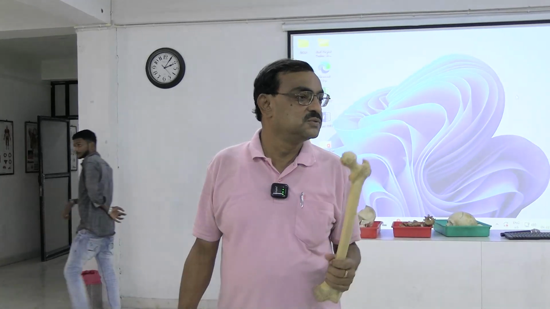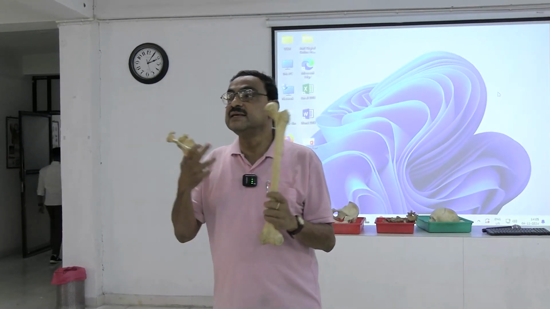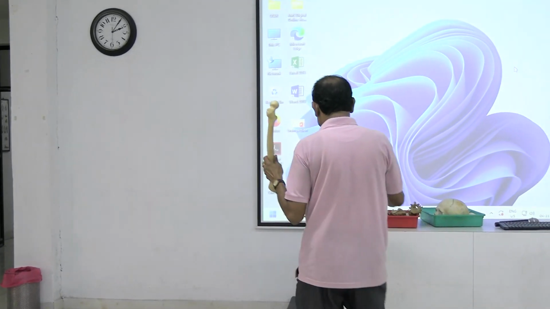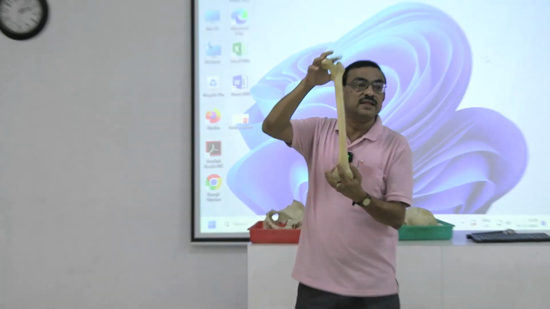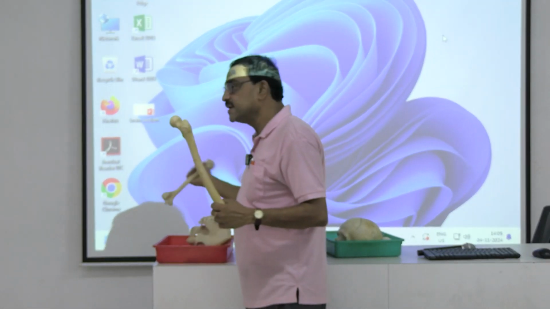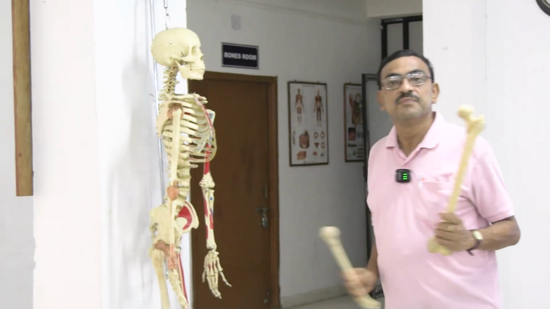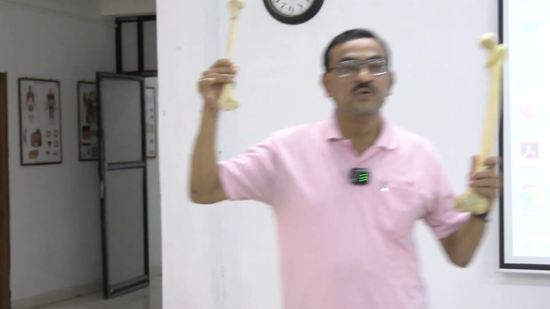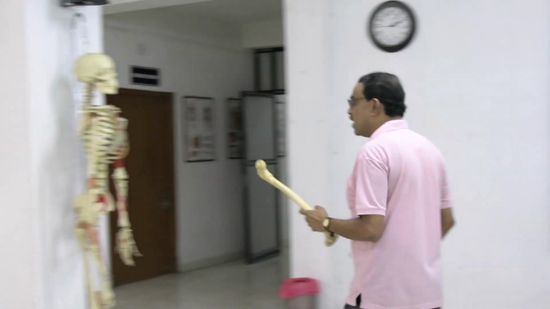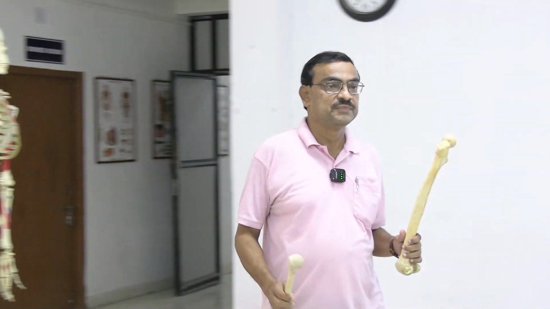This type of bone is called the long bone. Why? The length is more than the breadth. Similarly, in the upper extremity, we get the humerus, that is also a long bone, and in the lower extremity, we get this bone, the femur. So, these are the long bones.